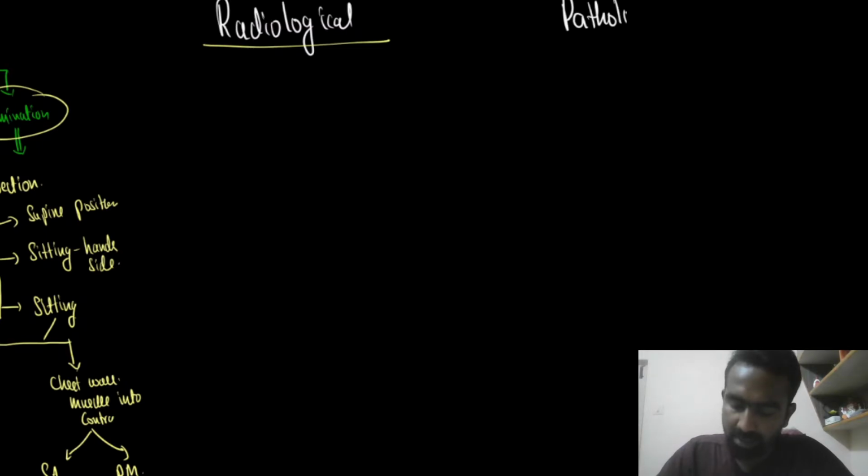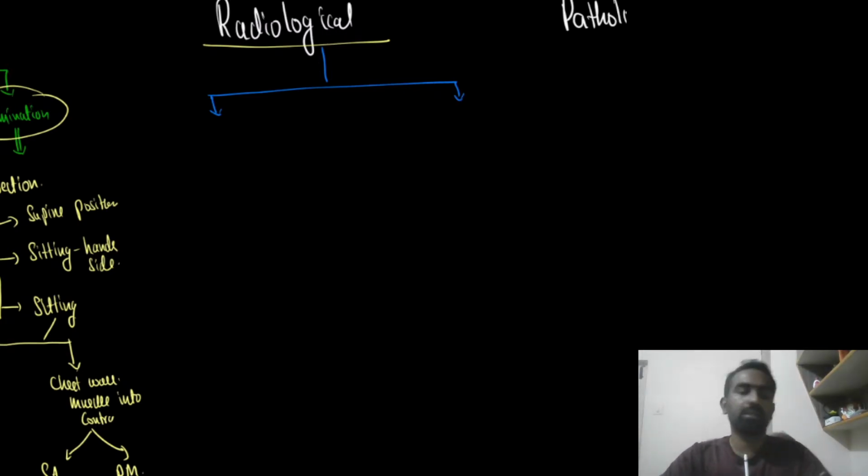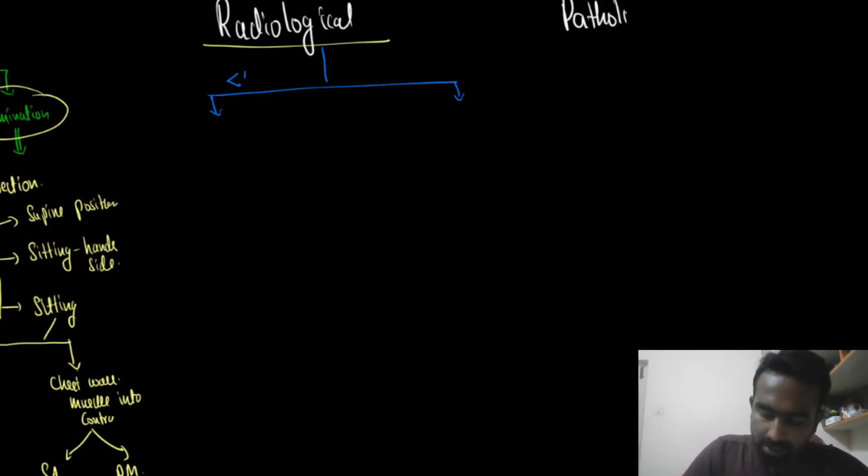Radiological examination of the breast. We discuss two modalities which are the best and most used. If the woman is less than 40 years, there will be denser breast, more parenchyma, so the modality of choice is ultrasonography.